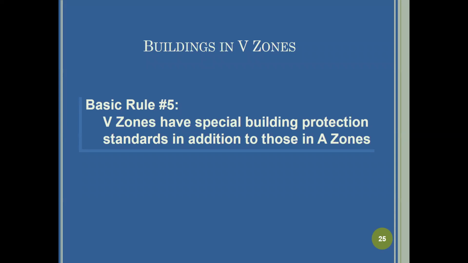If you're a Weather Channel geek like I am, they were all over Biloxi, Mississippi, talking about the flood surge coming in and the damage to structures from the wave action of all the hurricanes that have happened. There's special protections required for buildings in V zones. So you'll need to know this for your exam. Review it in the handbook, because again, for us in Colorado, it's not necessarily intuitive.